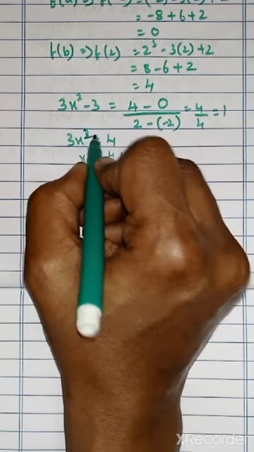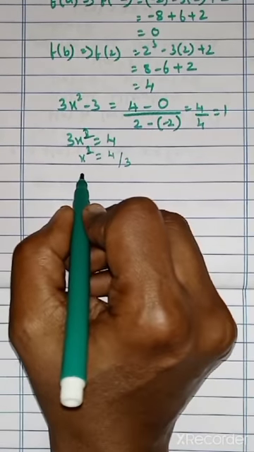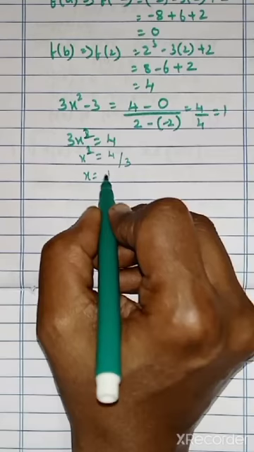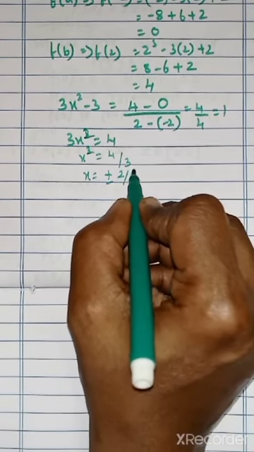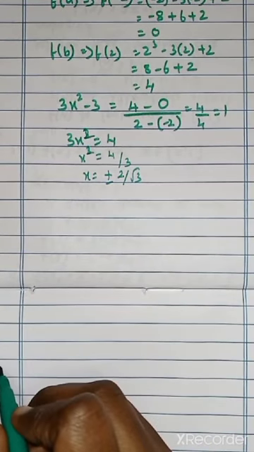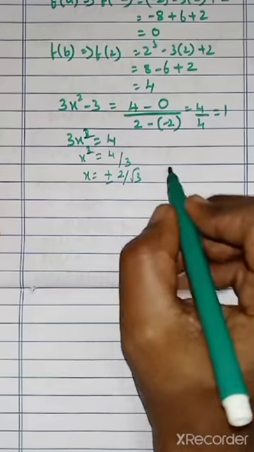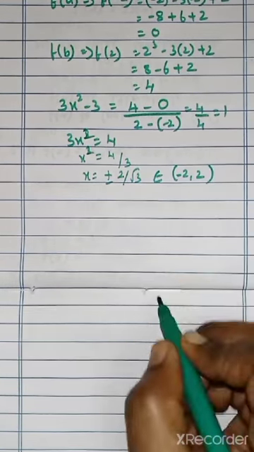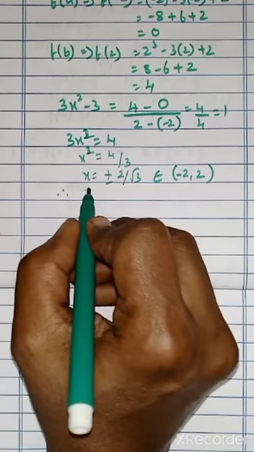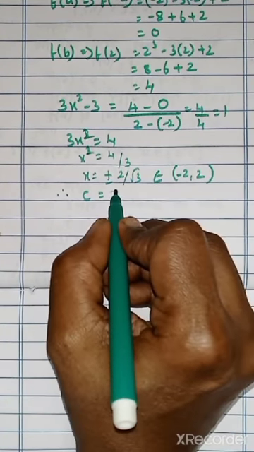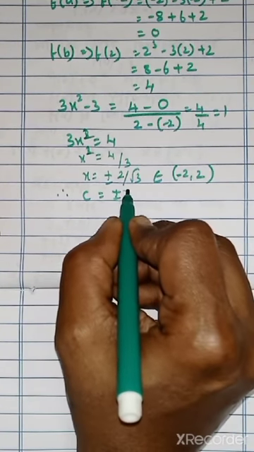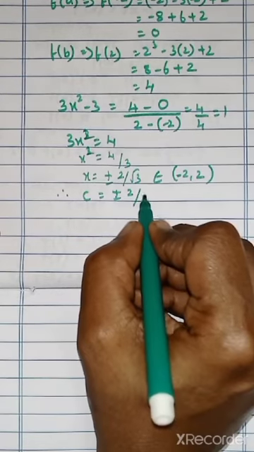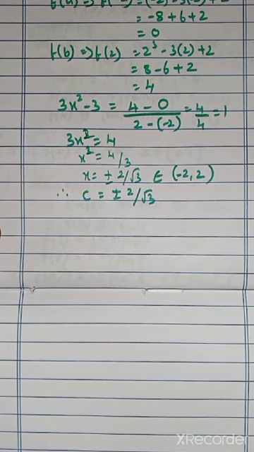Sorry, this is x square. So x equals plus or minus 2 by root 3. Correct? This plus or minus 2 by root 3 belongs to minus 2 comma 2. Therefore your c value is plus or minus 2 by root 3.